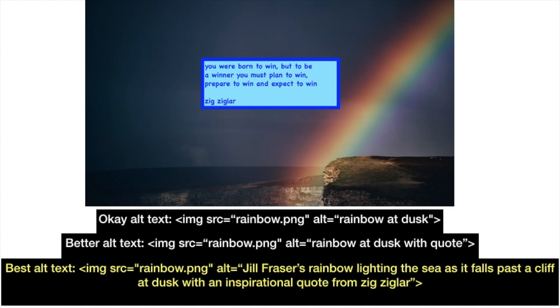And even better, if it was my photo, Jill Fraser's rainbow lighting the sea as it falls past a cliff at dusk with an inspirational quote from Zig Ziglar. All of that is 113 characters, well within the recommended maximum of 125. It's all doable.